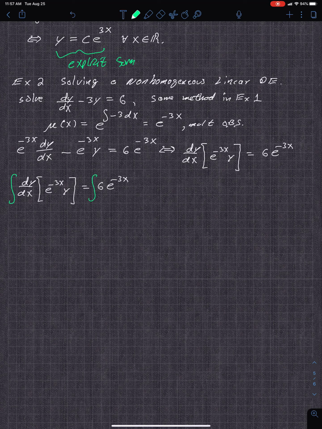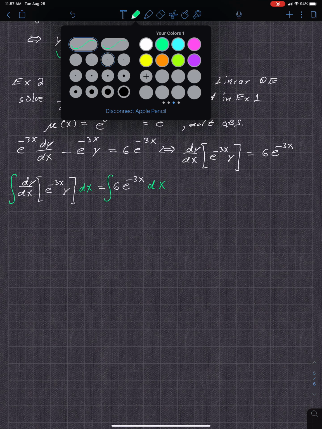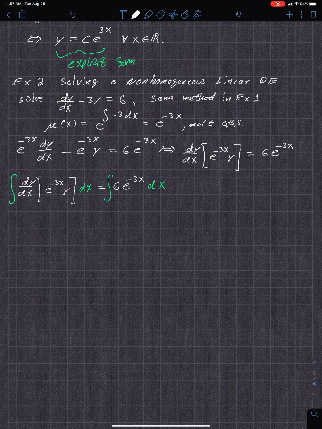The left-hand side, of course, is just e to the -3x y. The right-hand side is pretty straightforward again, because it's just a constant multiple, so it's -2 e to the -3x plus c.